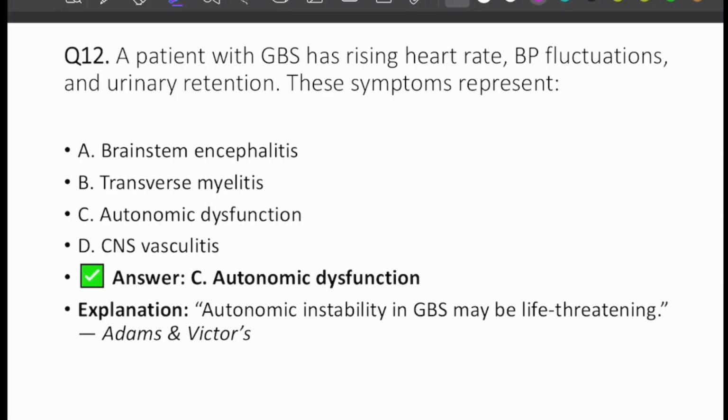Next question. A patient with GBS has rising heart rate, BP fluctuations, and urinary retention. So this indicates autonomic dysfunction. Autonomic instability in GBS may be life-threatening.